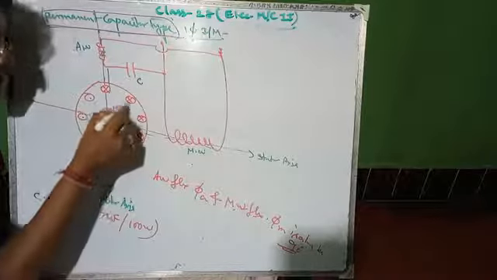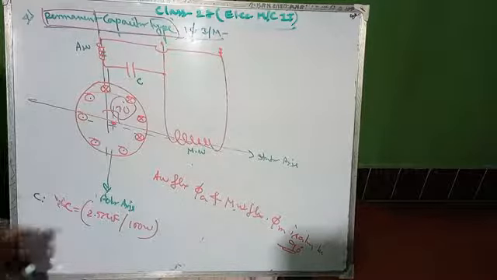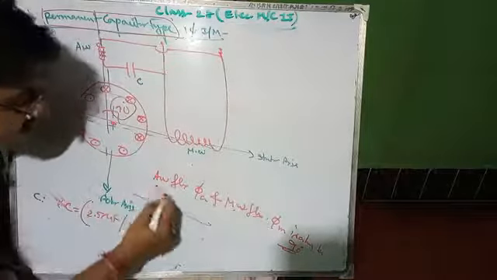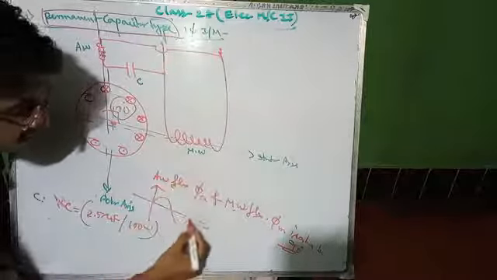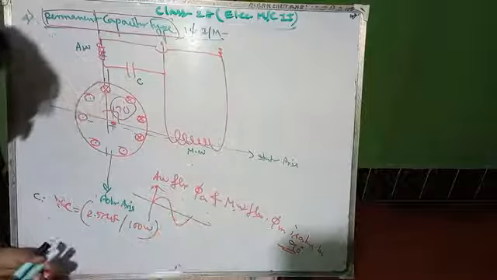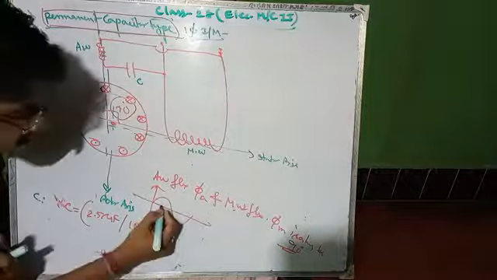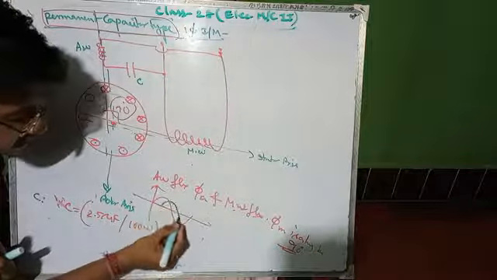The phase difference is exactly 90° electrically. Whatever flux is generated by the main winding, exactly 90° phase shifted flux is generated by the auxiliary winding.